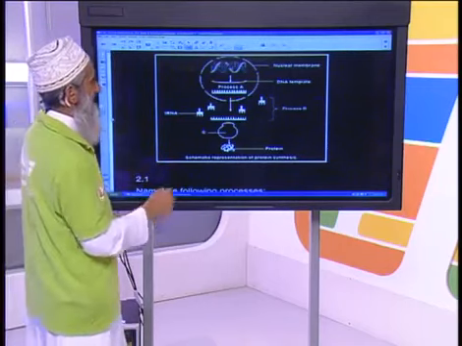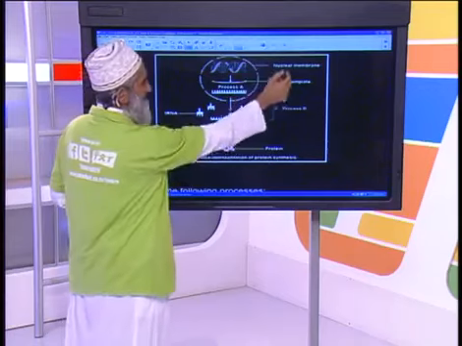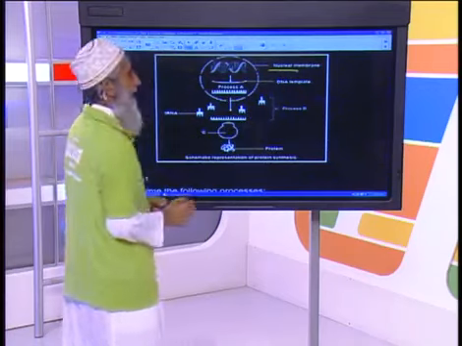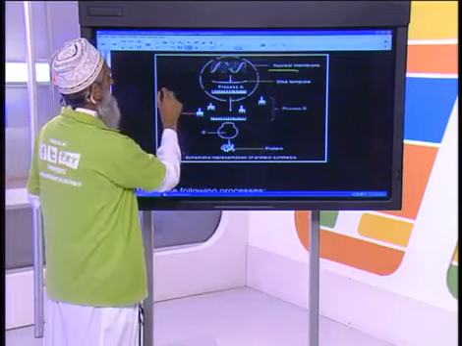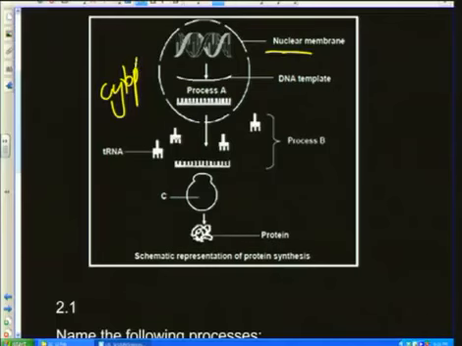So here they're giving you a diagram. They're showing you that this is the nucleus because the clue there is nuclear membrane, obviously. And outside the nucleus would be the cytoplasm. This you should know from grade 10. They're showing you there's something there. What is this? The shape tells you what it is. That would be DNA.